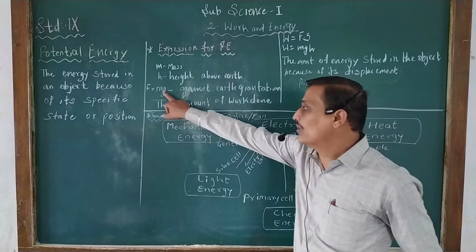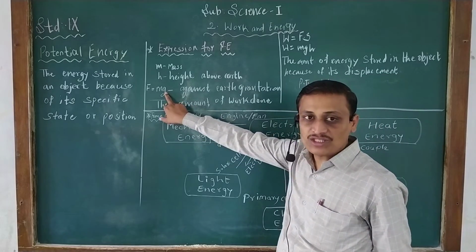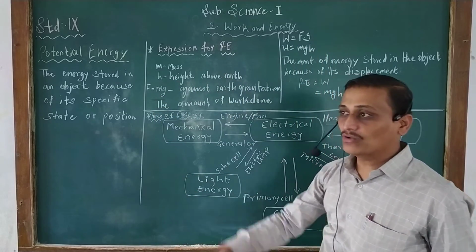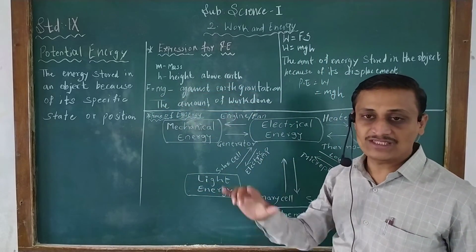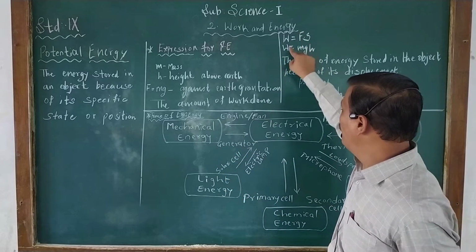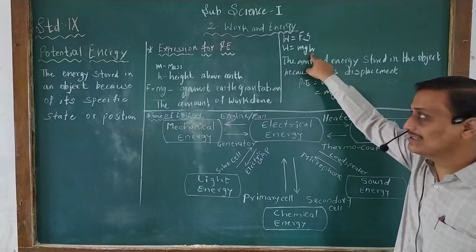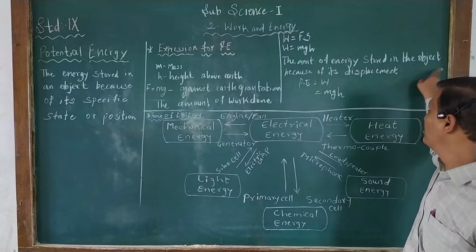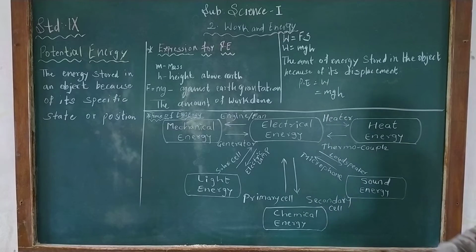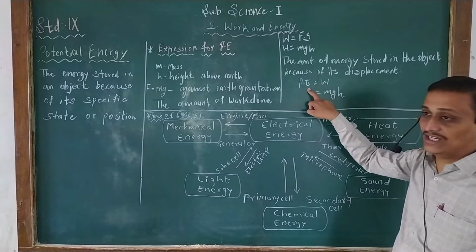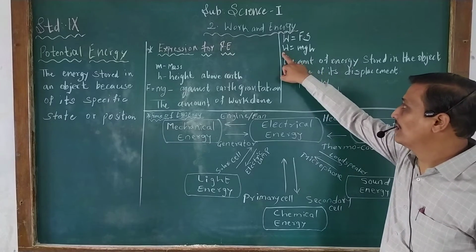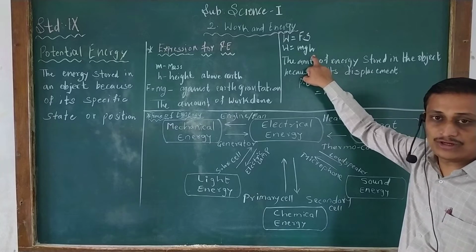Now here you all know the value of force, whereas displacement is nothing but the height it goes against the earth's surface, that is h. So the next formula will be W is equal to mgh. But the amount of energy stored in the object because of its displacement is the potential energy, which is equal to W, and W, the work done, we know the value is mgh.